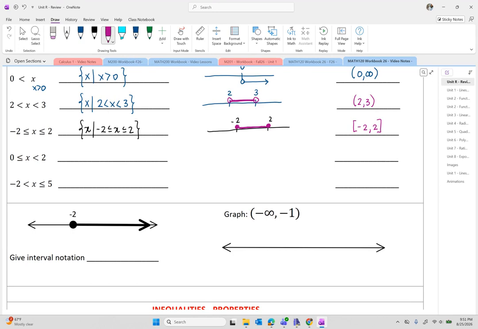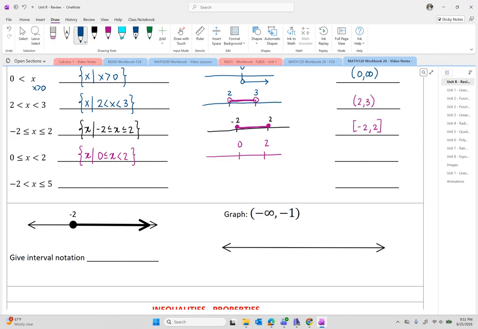When I'm doing the interval on the number line that says x is greater than or equal to 0 and less than 2, my set builder's notation will say x is such that 0 less than or equal to x less than 2. My graph will have the two critical values 0 and 2.